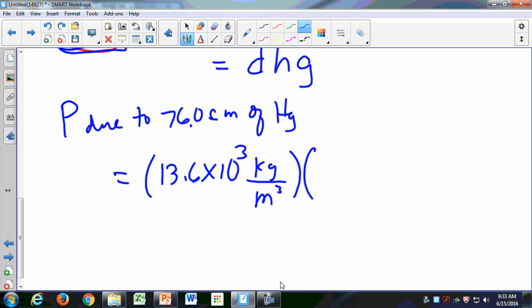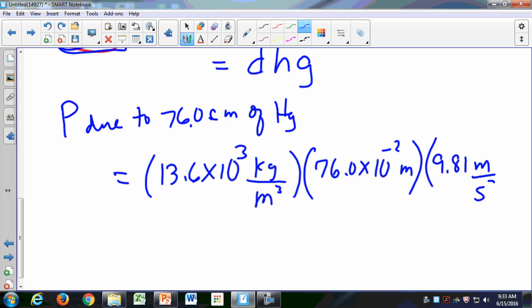The height of our mercury column is 76 centimeters, so 76.0 times 10 to the negative 2 meters. And acceleration due to gravity is 9.81 meters per second squared.